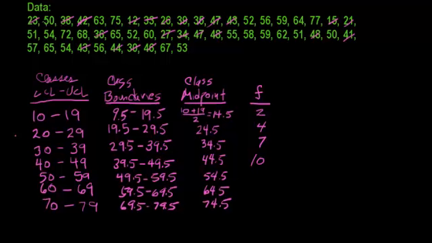Okay, 50 to 59. 1, 2, 3, 4, 5, 6, 7, 8, 9, 10, 11, 12, 13, 14, 15, 16. 16 in the 50 to 59 class. 60 to 69. 1, 2, 3, 4, 5, 6, 7, 8. 8 in the 60 to 69 class.